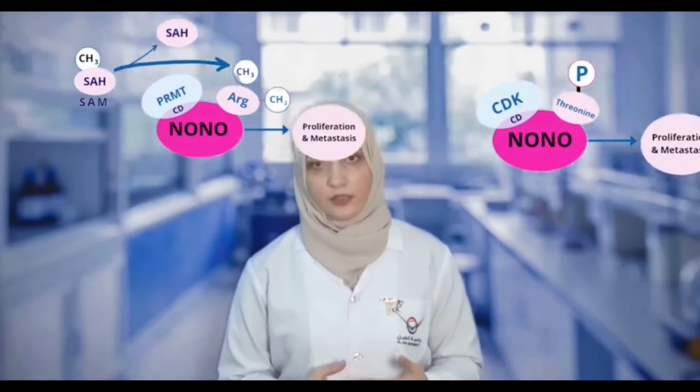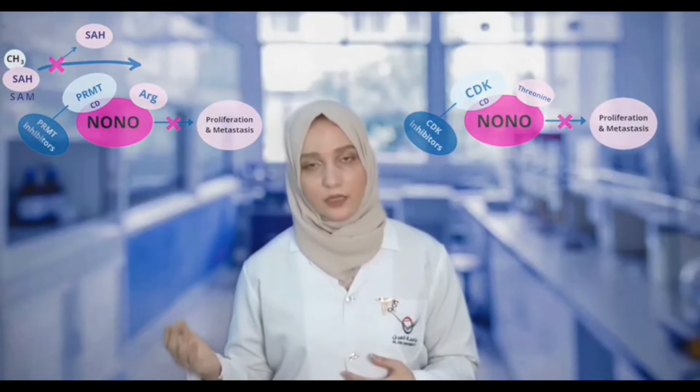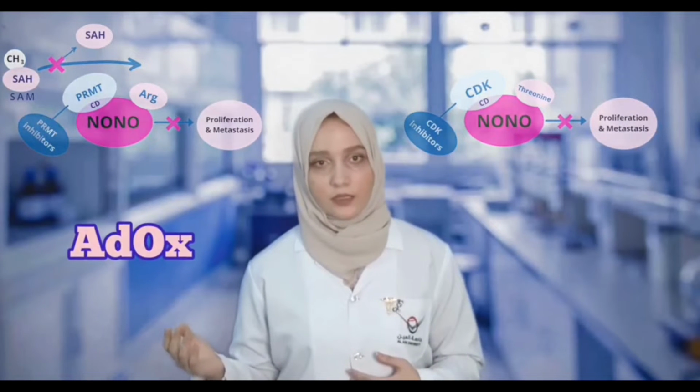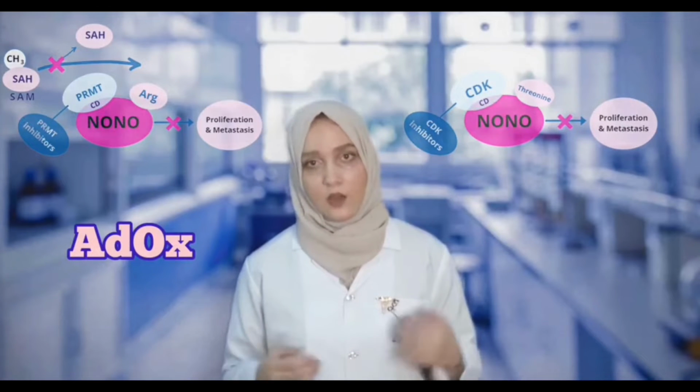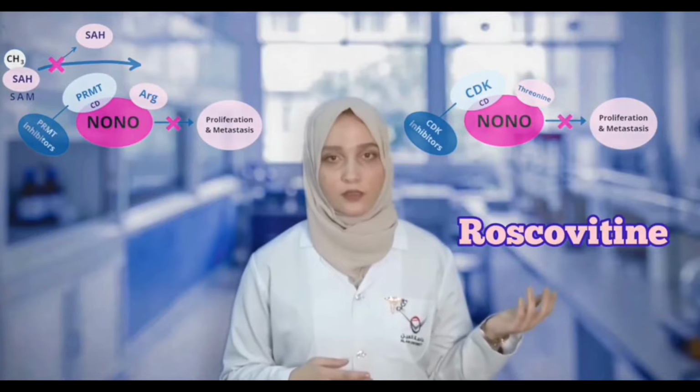So our aim for this experiment was to inhibit NONO protein and thereby achieve our goal, which is treating breast cancer. Methylation was inhibited using PRMT inhibitor, which is ADOX diluted in DMSO solution, while phosphorylation was inhibited using CDK inhibitor, which is roscovitine.